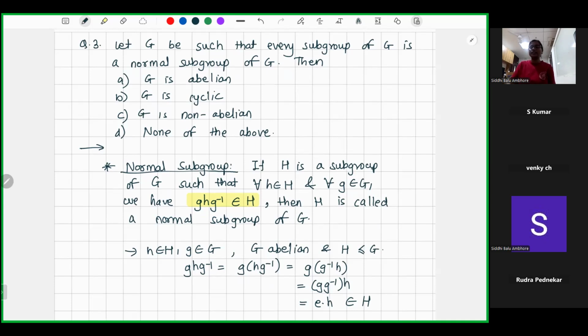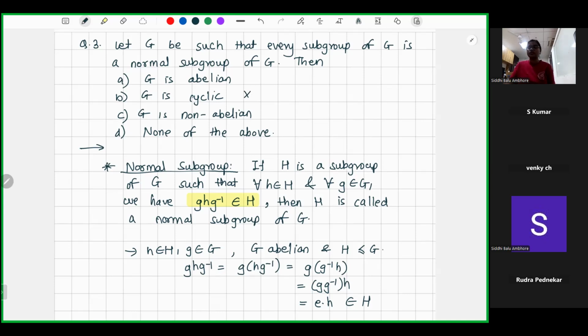So note that in this case, if we want to give a counterexample for the abelian and cyclic cases, giving a counterexample for an abelian group, that is, if we find a group that is non-abelian with every subgroup of G a normal subgroup, then it would also discard the cyclic option, because every cyclic group is anyway abelian.